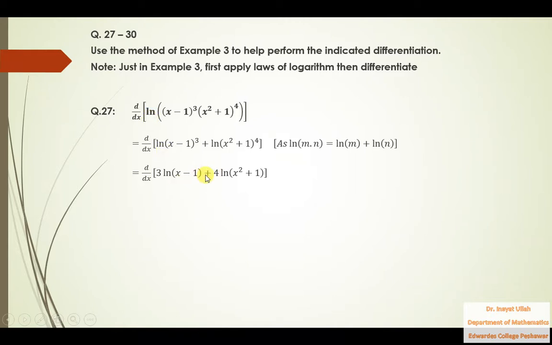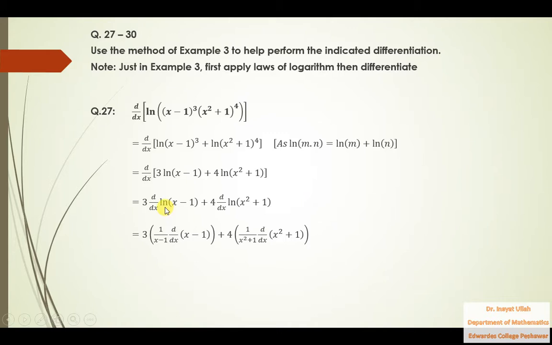Now differentiate this function, apply this d/dx inside. This is actually the sum rule. Whenever you apply this d/dx inside, 3 is constant, so write it out from this derivative and write 4 out of this derivative. Now you see that this is derivative of log of u, and that is derivative of log of u as well. So apply the formula.